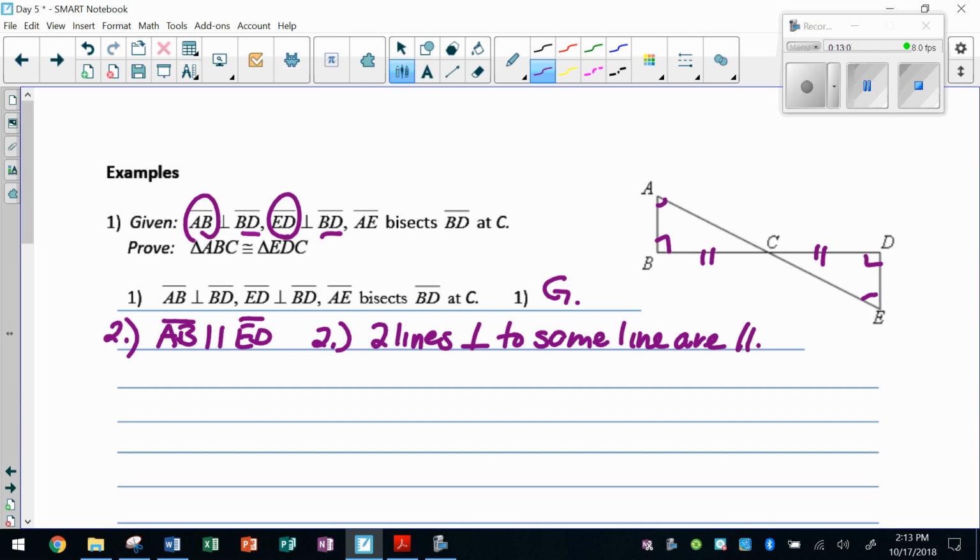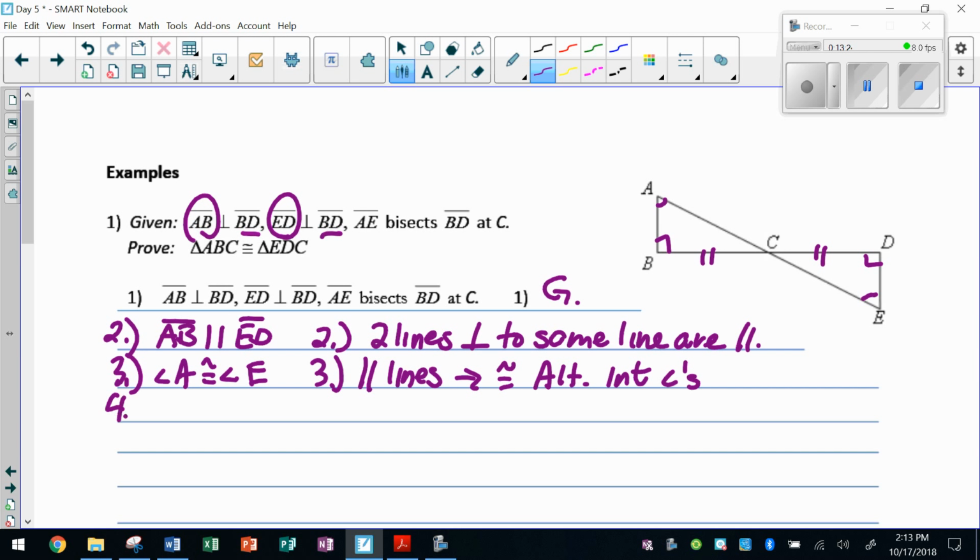That gives me angle A congruent to angle E. And the reason is parallel lines imply congruent alternate interior angles. Step 4, I'm going to get those right angles. So angle B and angle D are right angles. And that is because perpendicular lines make them. So perpendicular lines form right angles.